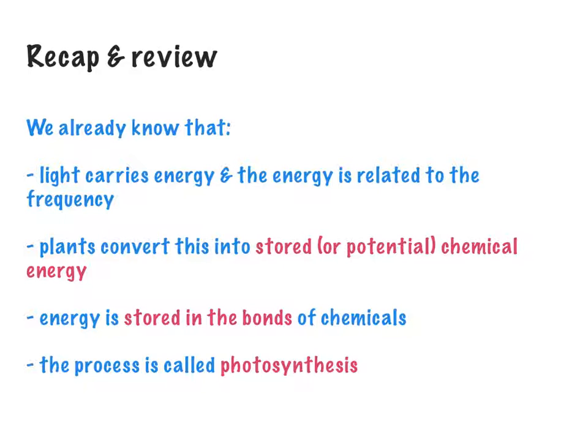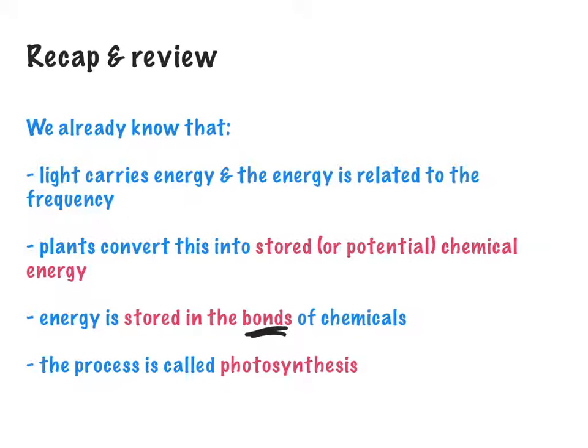Now, the energy, when it's stored in a chemical, is stored in holding the chemical together. And this is done by bonds. We actually call them bonds or joins between the chemical. And bonds in a chemical are little things that hold the atoms together.